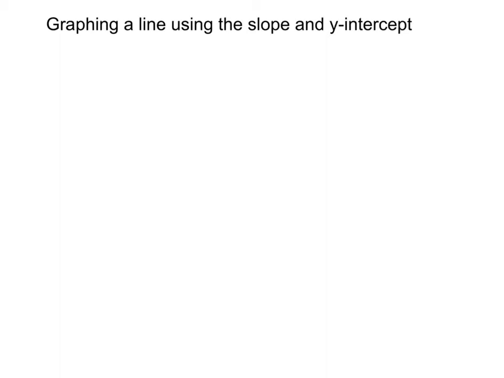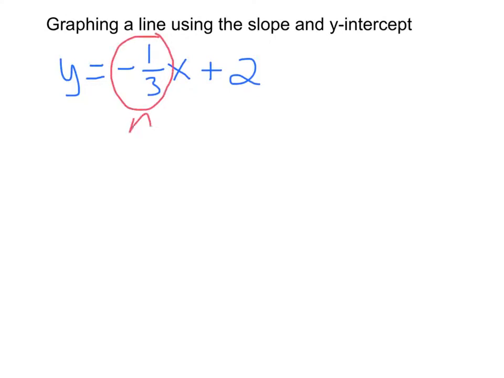Suppose we were given the equation of the line y equals negative 1/3 x plus 2. Well, since this is already in the form y equals mx plus b, we can tell what m and b are just by looking at the equation. In this case, m, or the slope, is negative 1/3.